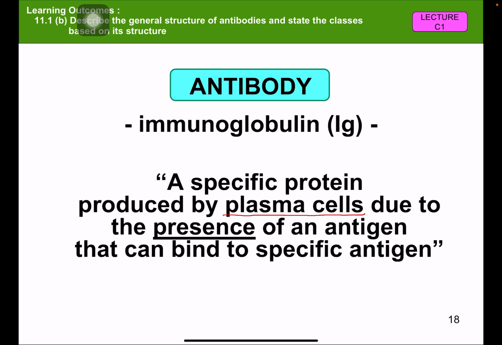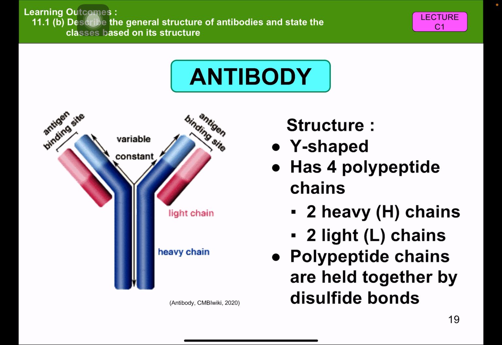Our antibody usually has a Y-shaped structure and it has 4 polypeptide chains. So you can see here, 1, 2, 3, 4, which are 2 heavy chains and 2 light chains.